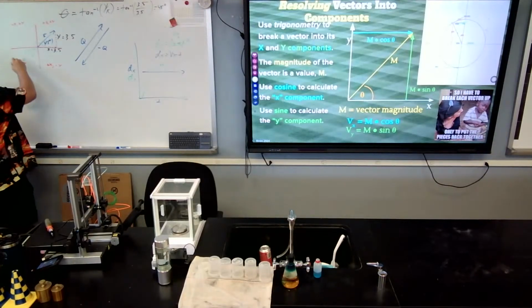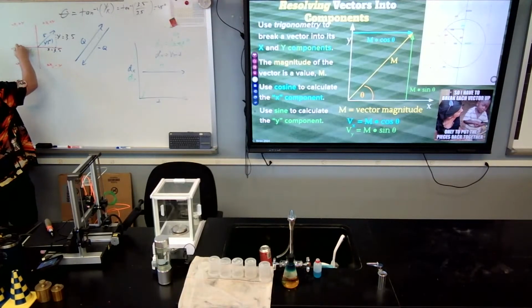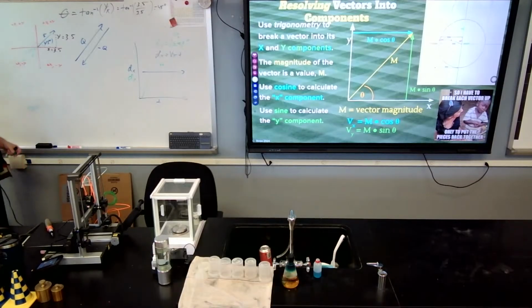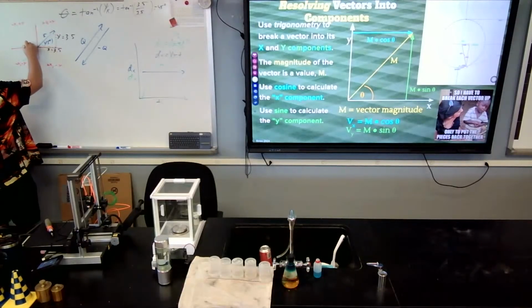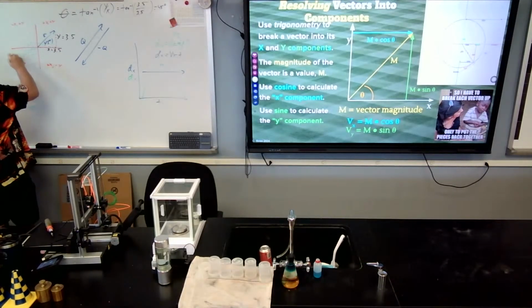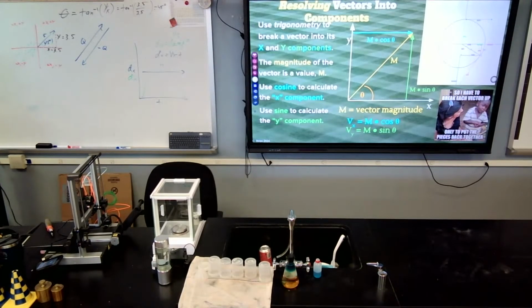So what is this y-ness and this x-ness, 5 cosine 225 and 5 sine 225? Negative 3.5 for both. It's negative 3.5 and negative 3.5, right? We use the angle of 225.